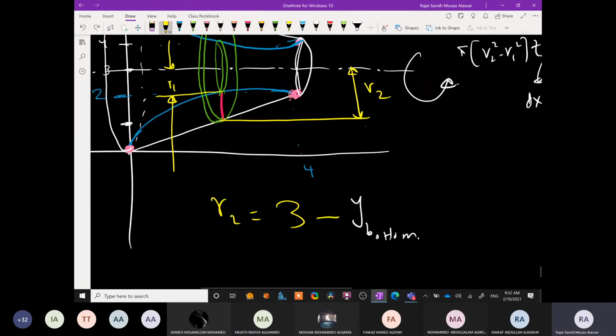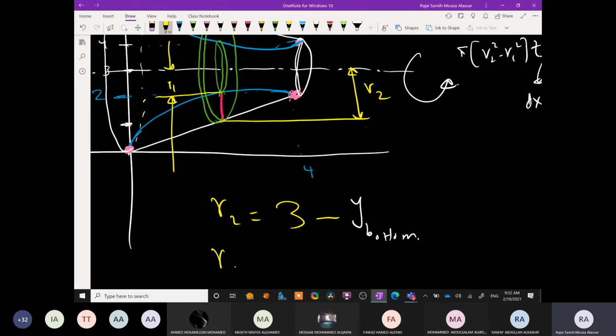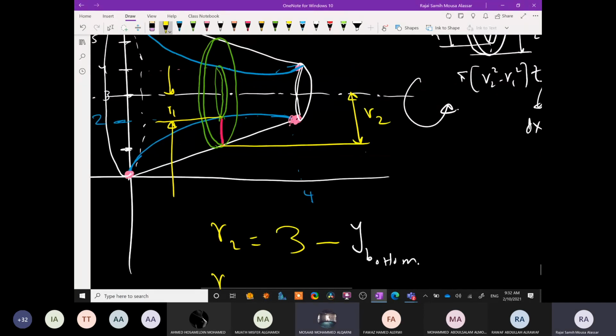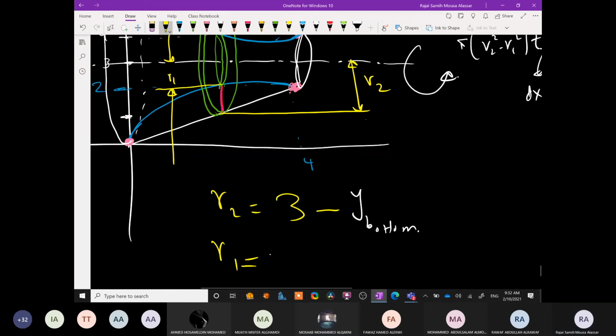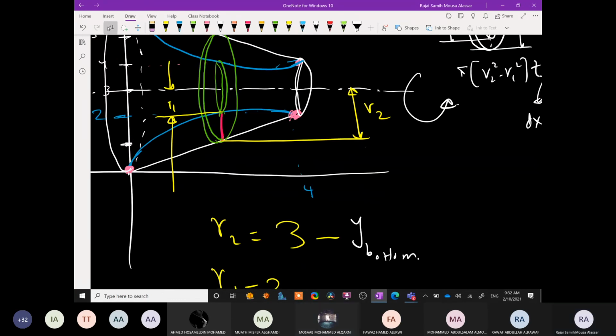So what about R1? R1 is also equal to 3 minus the upper y, minus this here. You see that we're starting from here, and this is from here to here, and this is your R1.